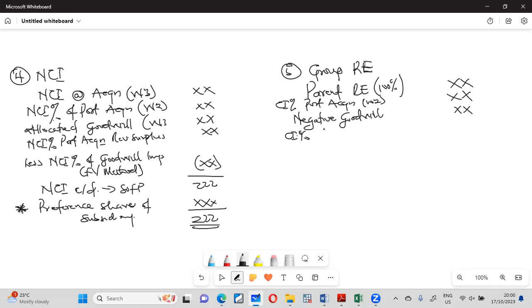But when it is proportionate method, everything comes here. You don't share, you bring everything here. CI share of impairment, of goodwill impairment. All right. So you deduct impairment.